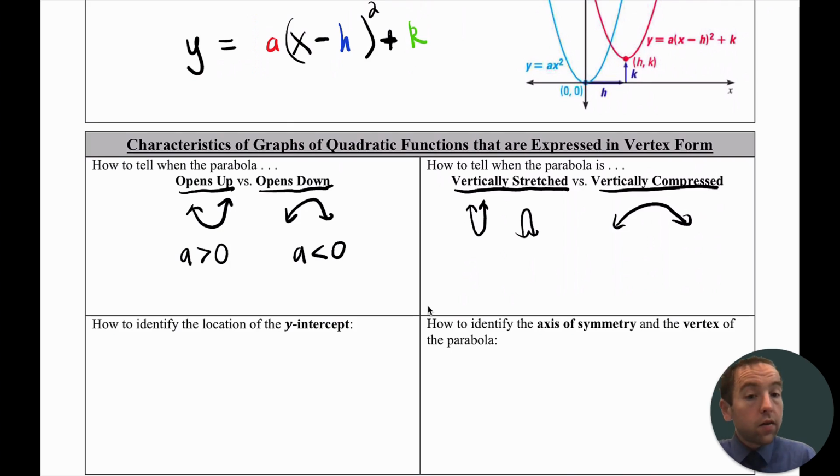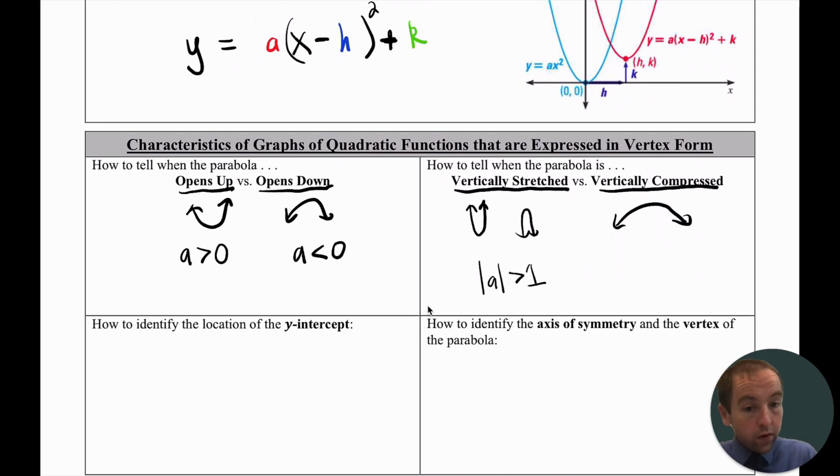And the way you can tell the difference between those is whenever the absolute value of your a is greater than 1, that's when it becomes vertically stretched. So that's when you have numbers like 2, or a negative number that's less than -1, like -5/3.